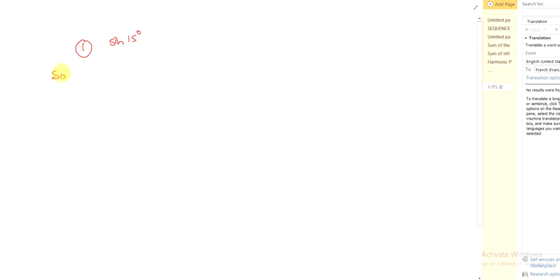So this is the matter, that is how we will solve it. Now consider the given function, sin 15 degrees. We have to convert it into two standard angles. If we see this, it is the subtraction of two standard angles, that is sin(45 degrees − 30 degrees), isn't it?